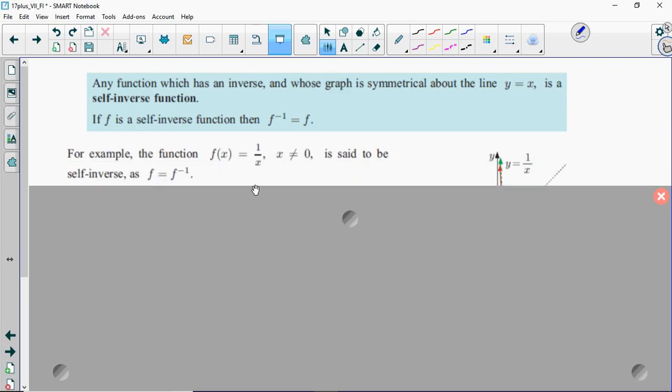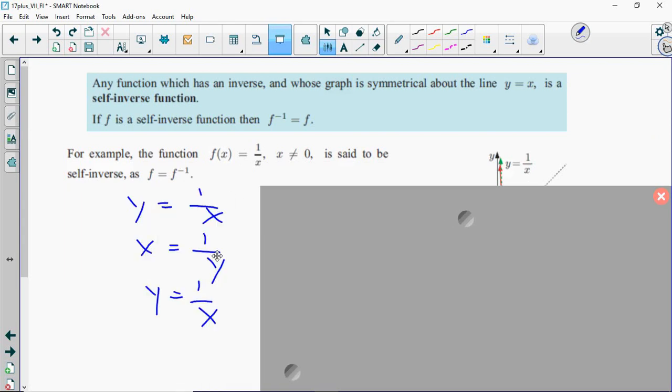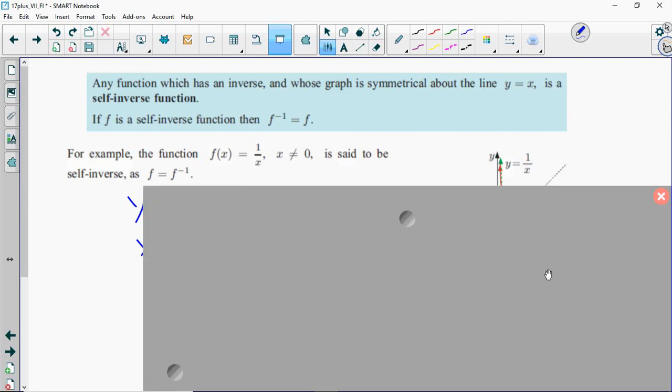The example given here is 1 over x, and that's definitely a self-inverse function, because if we switch x and y, and then we solve for y again, so here I'm multiplying by y and then dividing by x, I get the exact same thing that we started with.